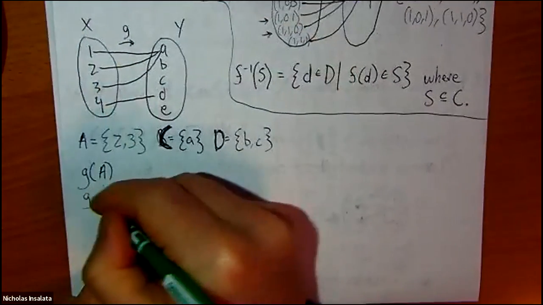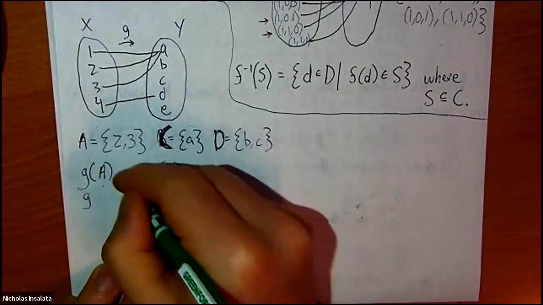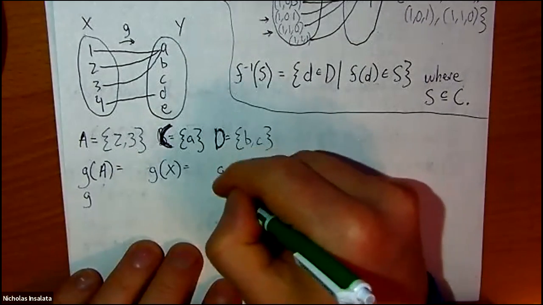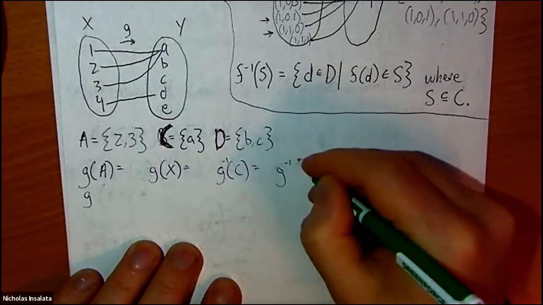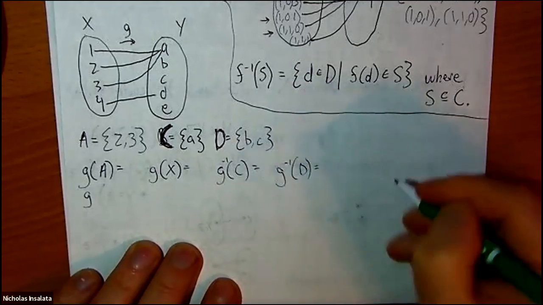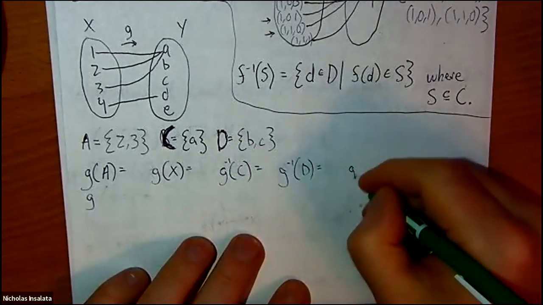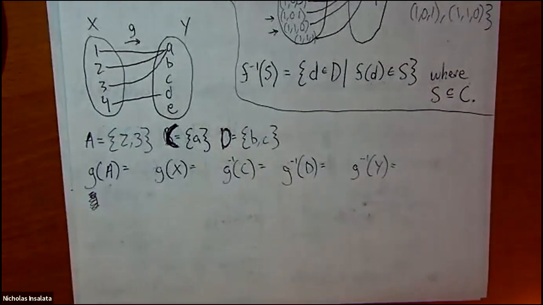So G of A, G of X, G inverse C, G inverse D, and G inverse Y. All right. Perfect.